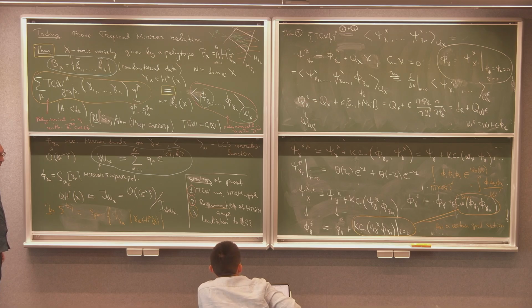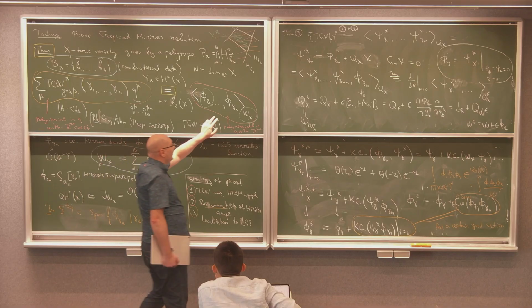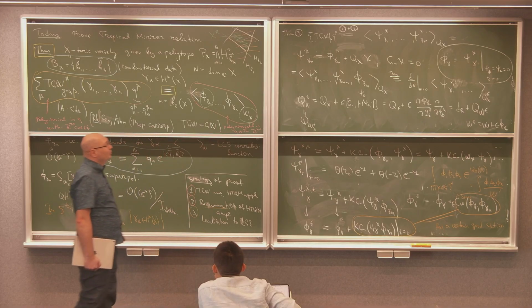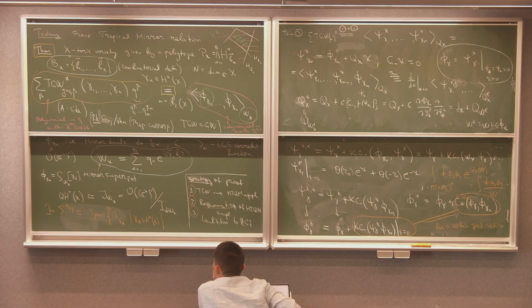So yes, it is a projection, and yes, you have canonical embedding by treating function of y as an HTQM state. But this simplicity is kind of deceiving, because if you overuse these projections and embeddings, the amplitudes will typically become ill-defined.